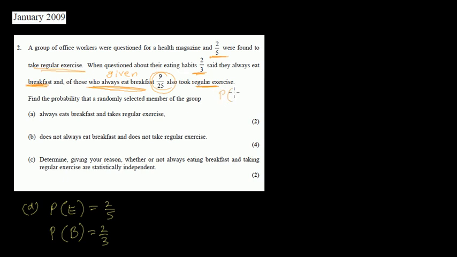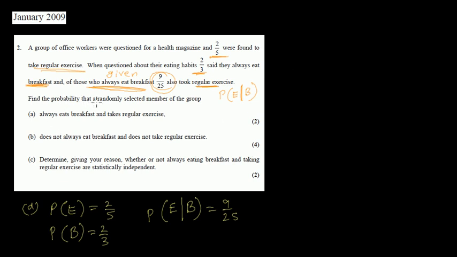So the probability of doing exercise when the given information is the person already had breakfast is 9/25. Watch out for that given information. That makes it a probability formula sum where we use the set notations to do the sum.